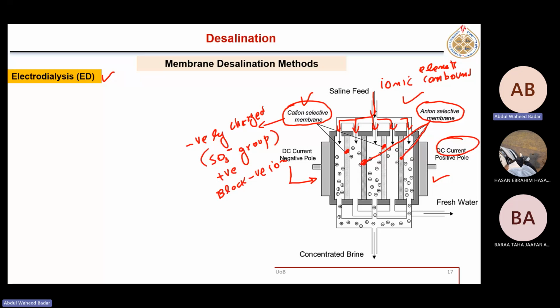And the opposite is happening in the anion selective membrane. Anion selective membranes have positive charges, for example, an NR4 group.